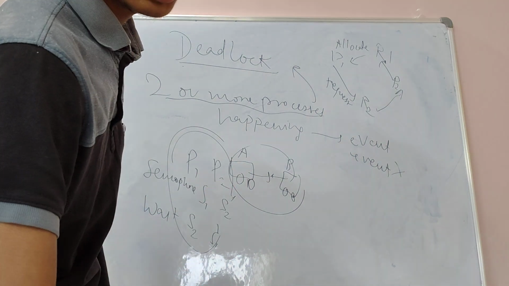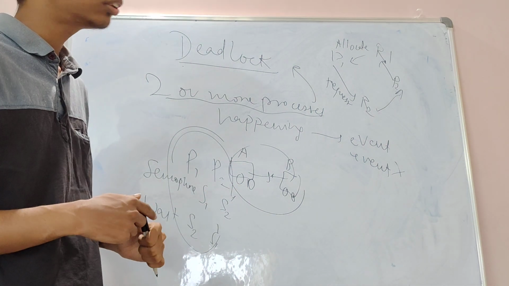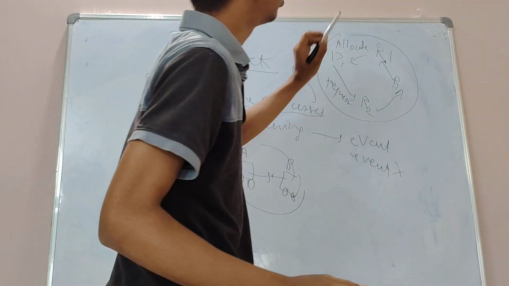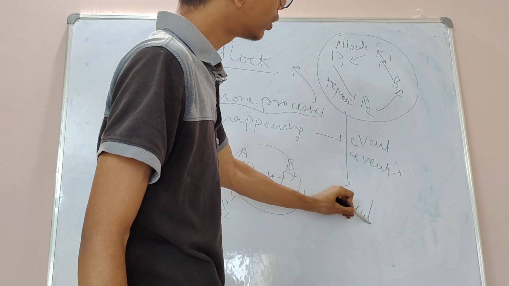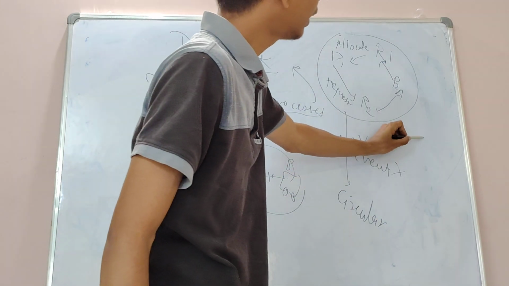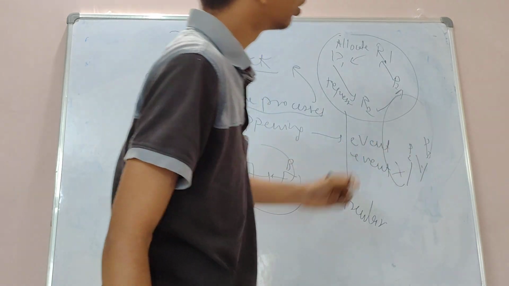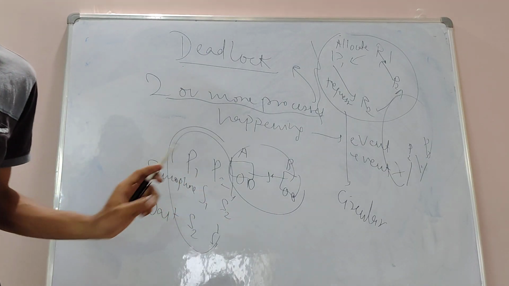Now, there are four necessary conditions for deadlock. So this is not actually a deadlock. Why? Because it is a kind of circular thing. When a circular condition happens, it might seem like a deadlock, but actually it is not, right?